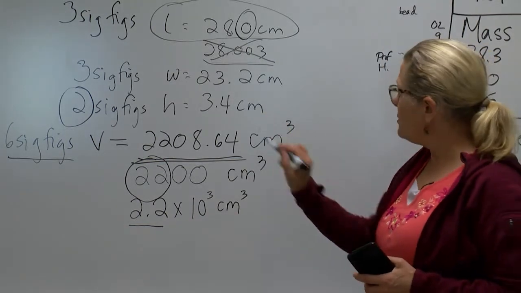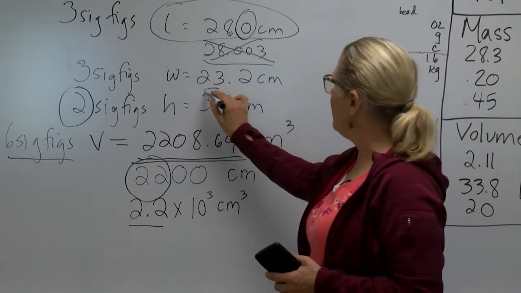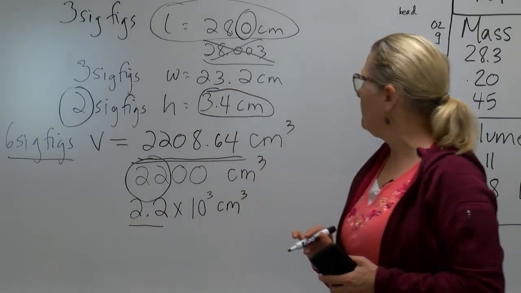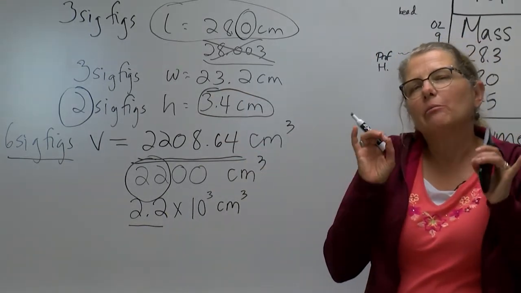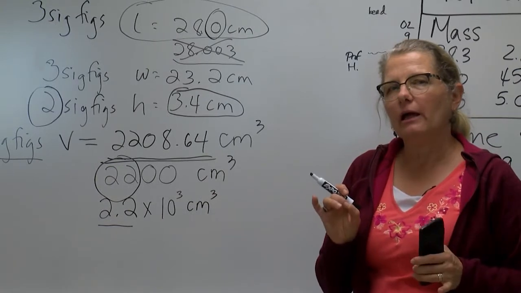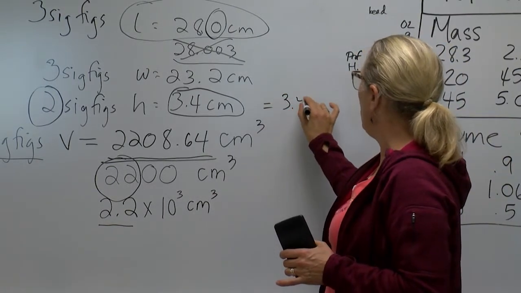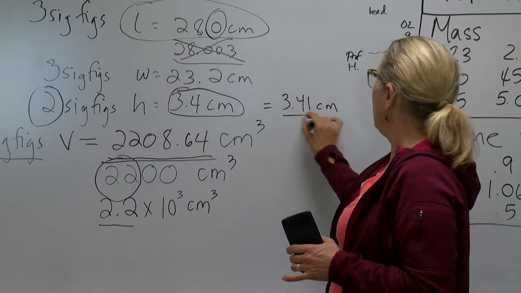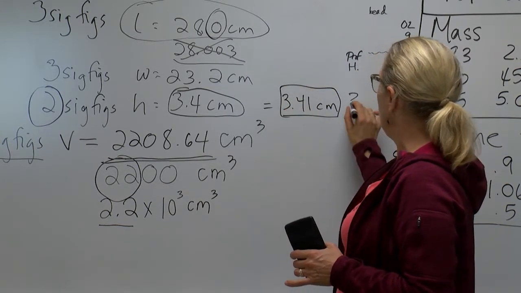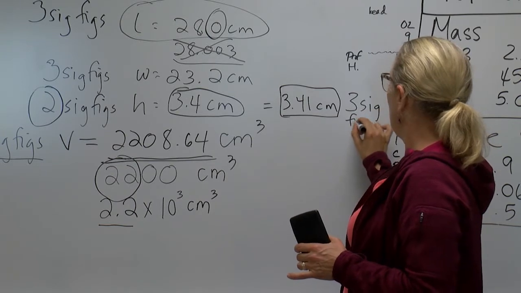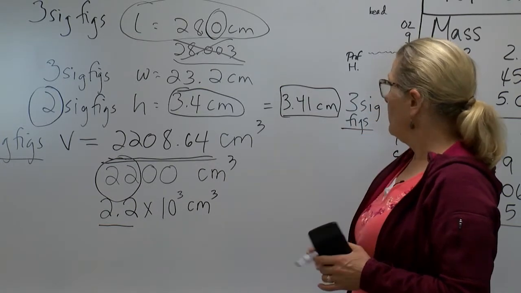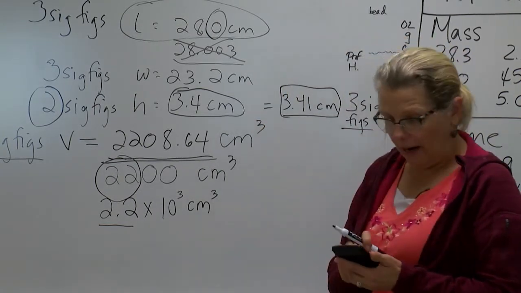Now, let's just say that instead of this being 3.4, I was able to measure it much more carefully, and this was 3.41 centimeters. Now I have 3 significant figures. We'll do the math again.